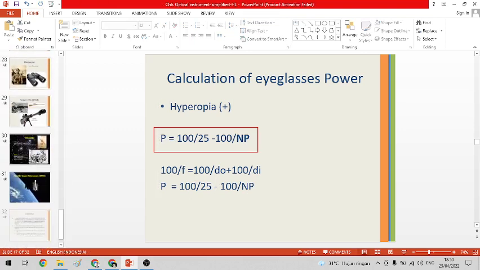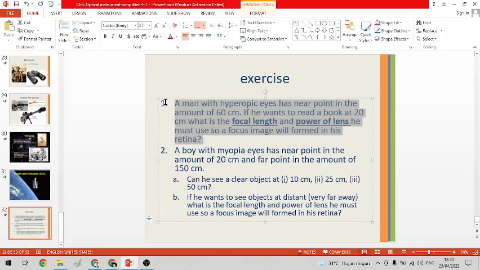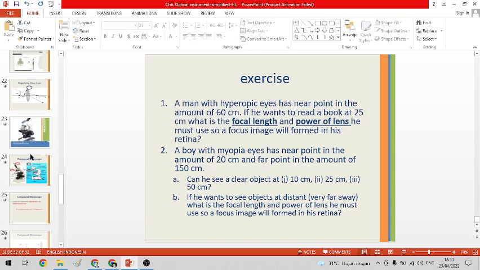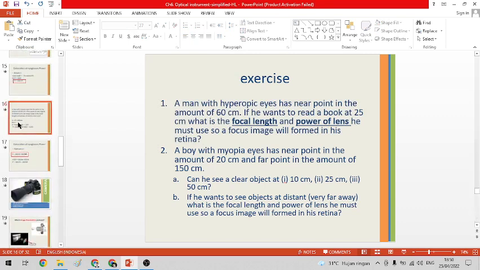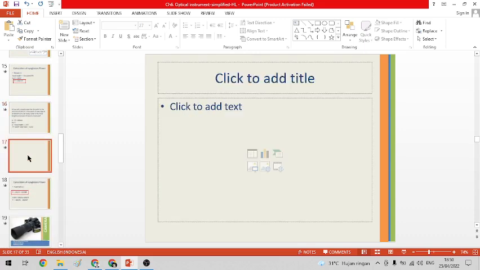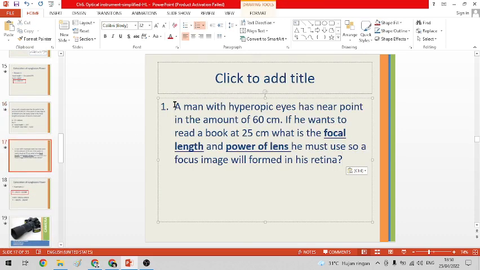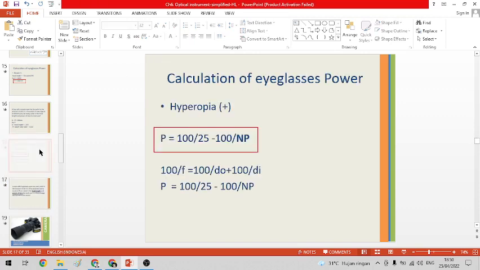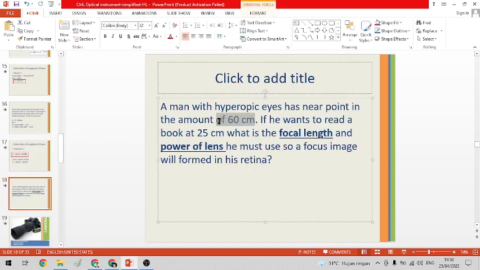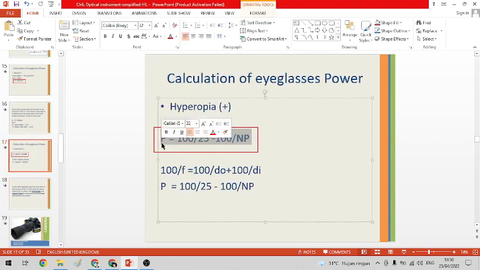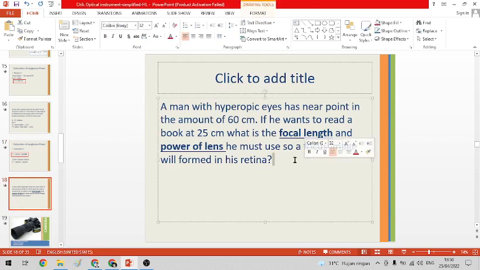Okay, let's use an example here. A man with hyperopic eyes has near point 60. He wants to read at 25. Calculate the power of lens. Well, for the power of lens, we just need to put this.